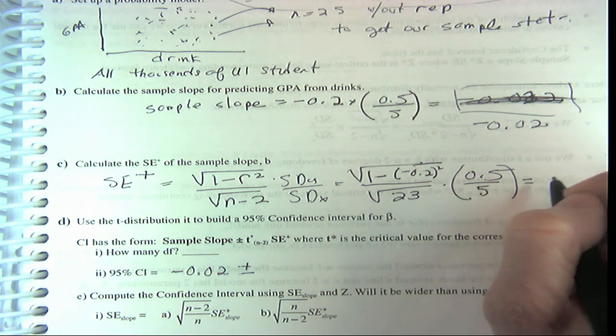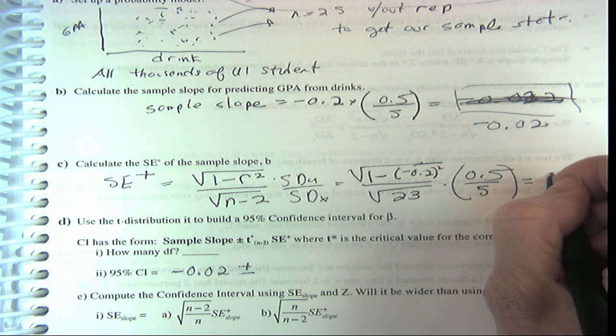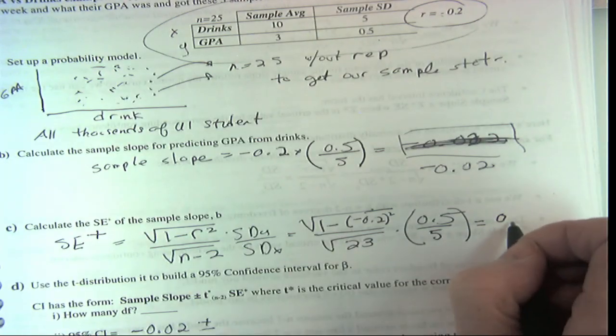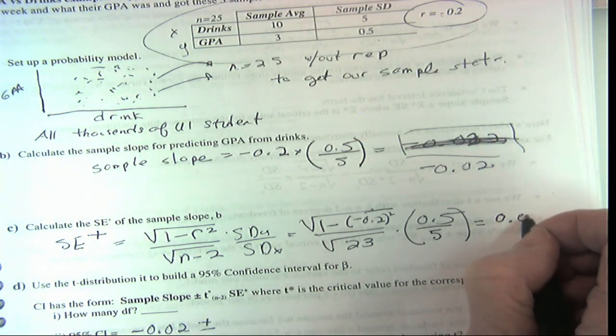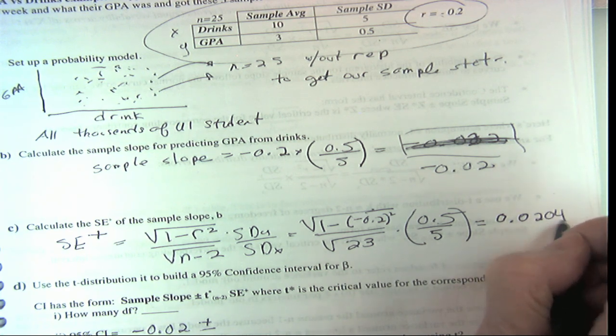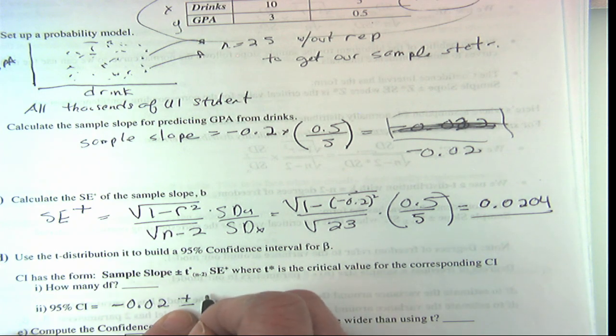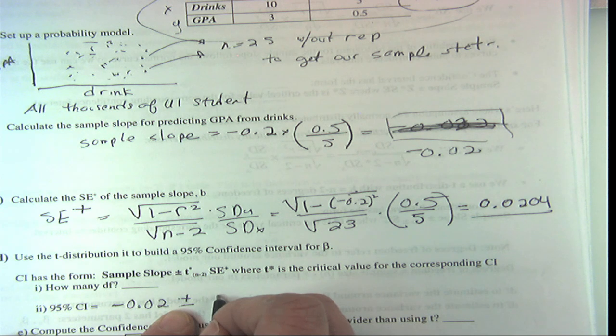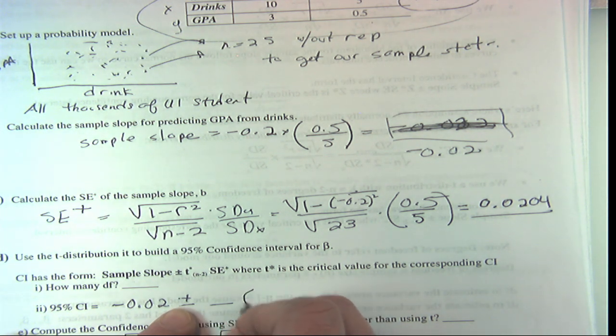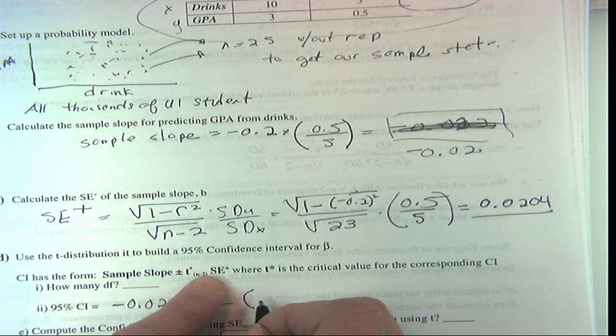And I did this, and I got 0.0204. Sorry for these tiny numbers, but that's what's going to go in here with a t star. What will t star be? Let's leave a blank for t star, and this is our standard error.